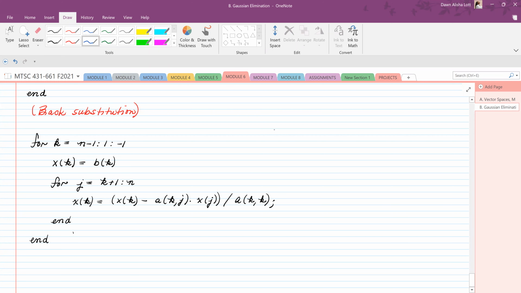So this line right here is xk is equal to 1 over akk times bk minus the sum j equal to k plus 1 up to n of u at kj times xj. Okay, so that's what that is.